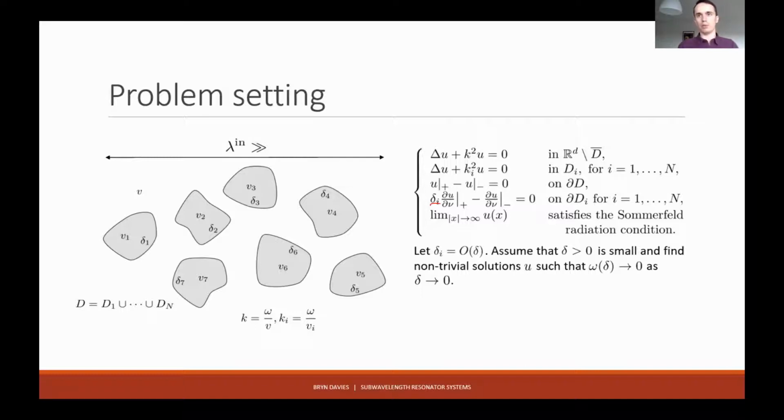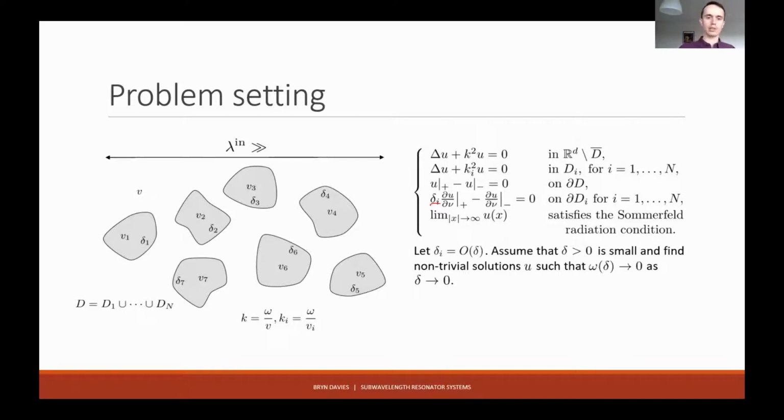Indeed, we will define the notion of subwavelength resonance as an asymptotic condition, which says that a resonance is subwavelength if the frequency converges to 0 as a function of delta. And as we'll see, this approach will reveal some of the mechanisms that make this phenomenon of subwavelength resonance fundamentally different from typical wavelength type resonance.